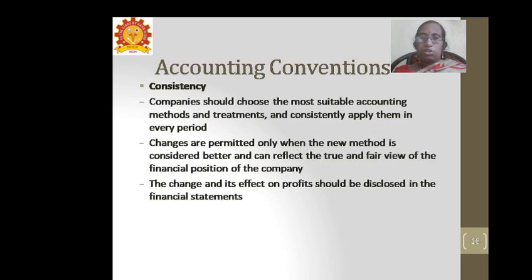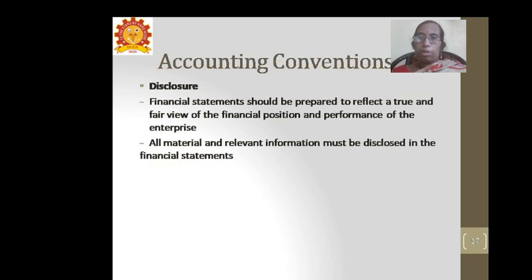Next we have the consistency concept. The convention of consistency means that all the accounting methods and concepts being followed, the rules, are followed consistently for every period. Any change is made only through proper intimation of the particular method considered, and the fair view of the financial position of the company.